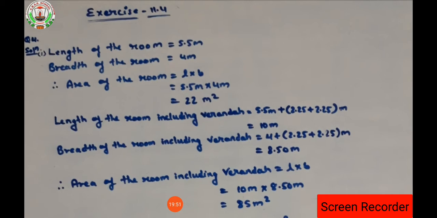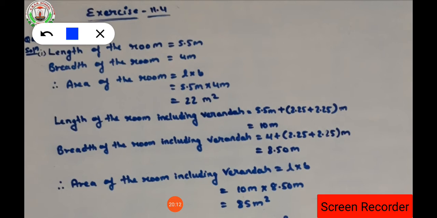Then what you have to do? You have to find the area of the veranda, and second, you have to find the cost of cementing the floor of the veranda at the rate of rupees 200 per meter square. Clear? So let me explain it while drawing the diagram.